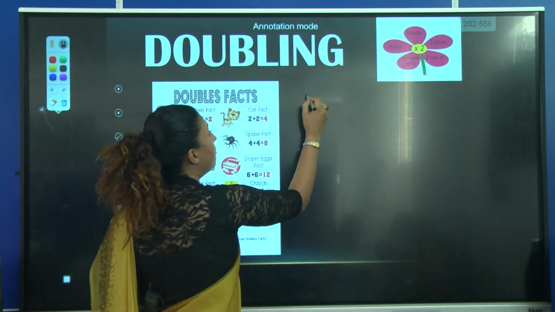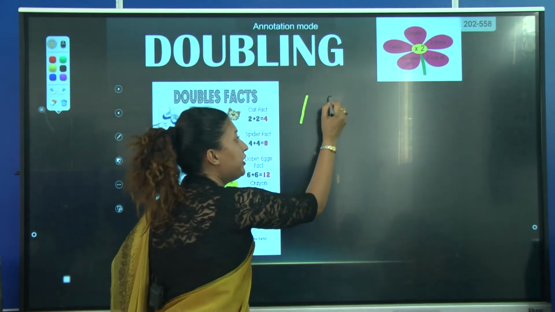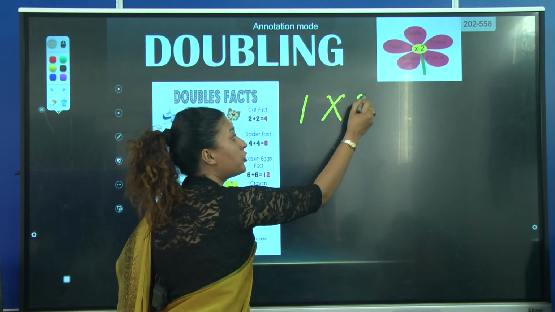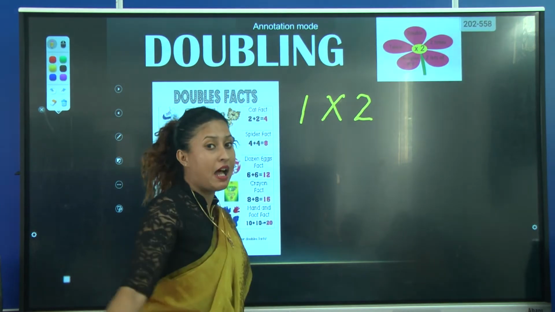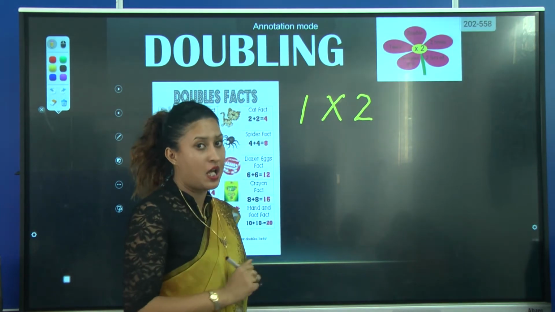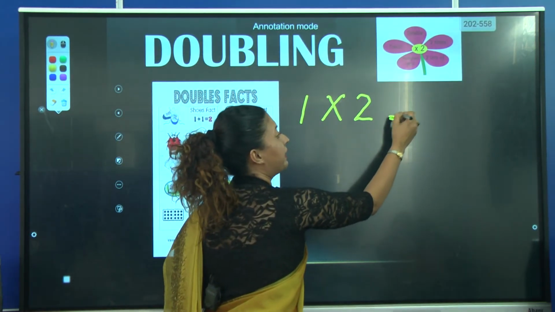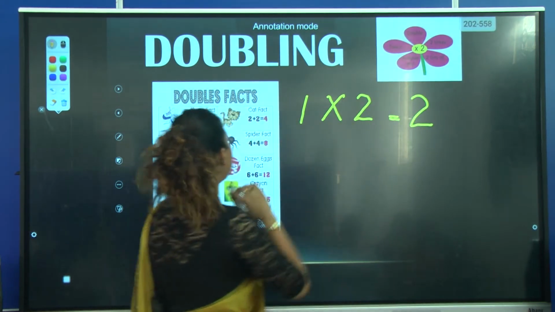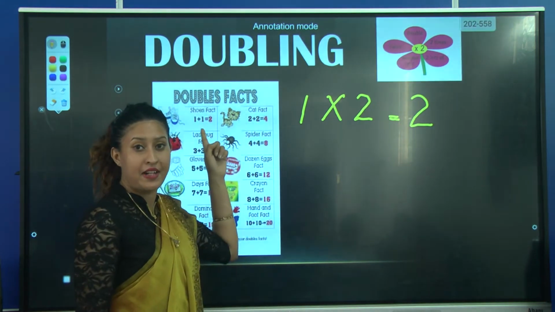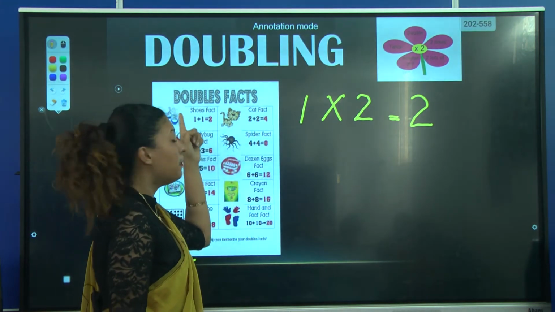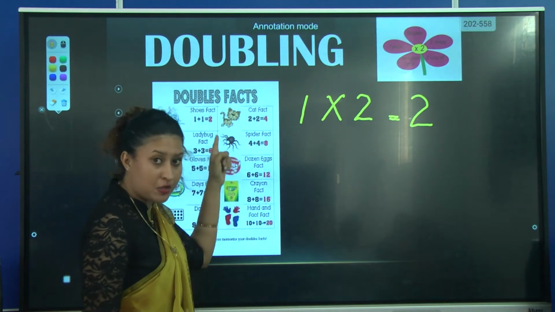Okay, 1 into 2 equals how much? Now I want everybody to answer me. 1 into 2 how much? Very good, it's 2. That is what teacher has described here. 1 plus 1 equals 2.